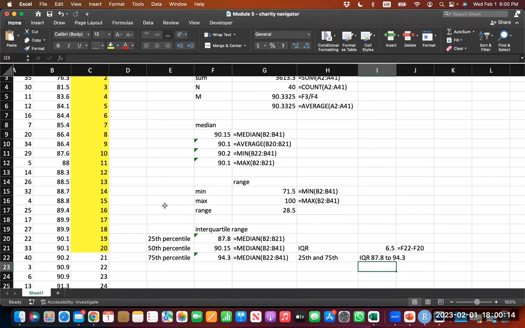Shoot me an email on that, because there's an interesting debate that I have seen once on that topic. There's one camp of statisticians that says include that middle value in both the upper and lower part and use this for the calculation of the median. And there are some in the camp that say leave it out for both. So it's an ongoing debate.